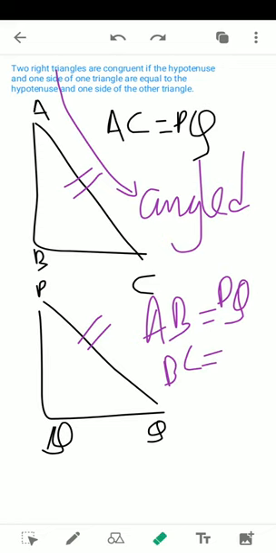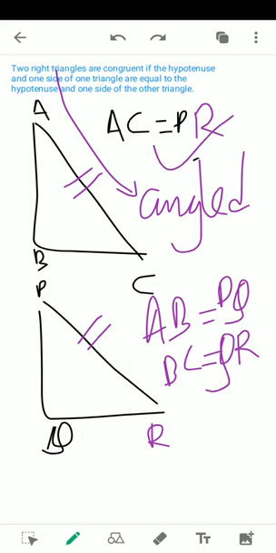Let me just name it properly, I need to keep this as R, so let me keep it PR. Yes, AC equals PR. So BC should be equal to QR, AB equals PQ and BC equals QR. If the hypotenuse condition and any one of these conditions is satisfied, then using these two conditions I can say that two triangles will be congruent to each other.